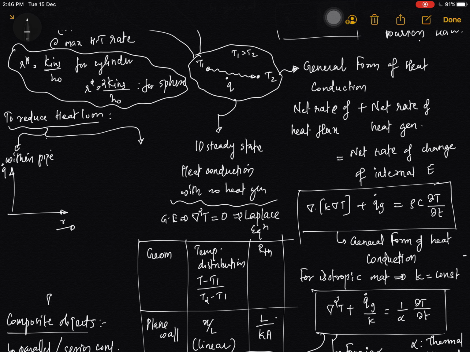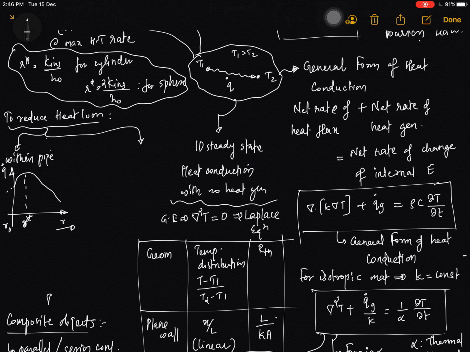For within the pipe, the plot of heat transfer rate versus radius will be like this, and this is the point R star, the critical radius of insulation.